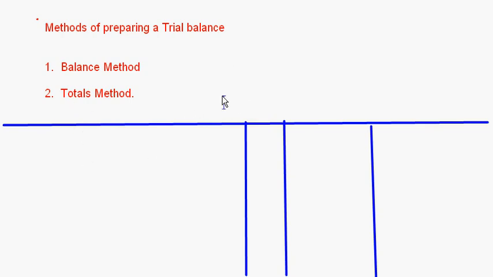This is the specimen of a trial balance. Here we should write trial balance and then as on the date on which the trial balance is prepared. The first column is the heads of accounts, right? And then you have the ledger folio number, and this is the debit balance and this is the credit balance.